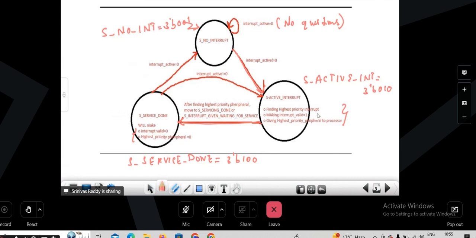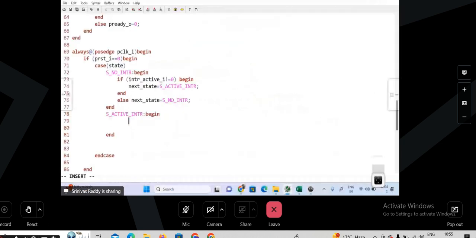If it is equal to 1, highest priority value is assigned the priority register of I, and highest priority peripheral is equal to I. Did you understand?